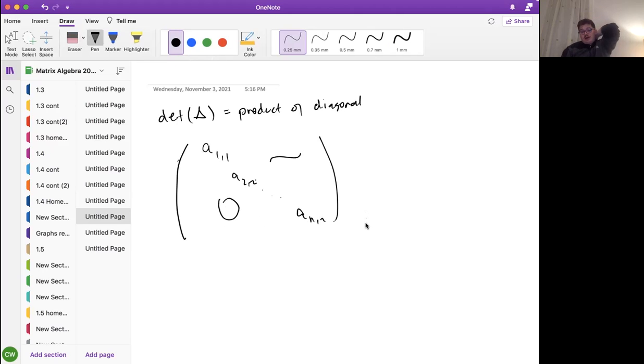Okay, so let's try cofactor expansion on the first row. Or rather the first column, that would make more sense, right? In an upper triangular matrix, the first column is all zeros except for the leading entry, right? So can someone say what the determinant would be?